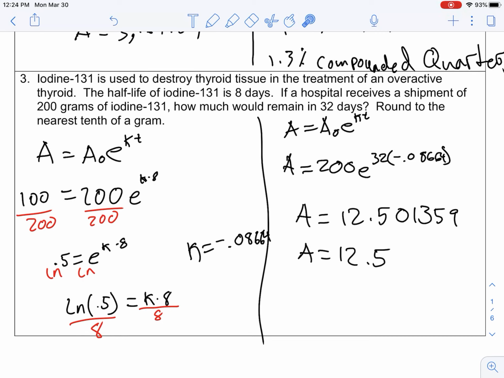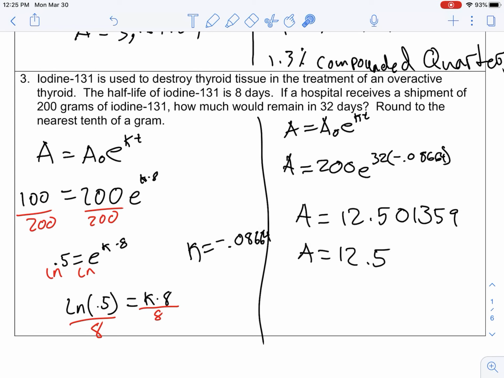So for half-life, we're using half of that life, which ends up giving us 0.5 equals e to the k times t. And that's one of the formulas that we were given in the notes. So if you don't remember that, you can take the original value, and then we're using half of that. It's always going to bring you here. Of course, we're working with the time of 8 days. So it's raised to the k times 8.